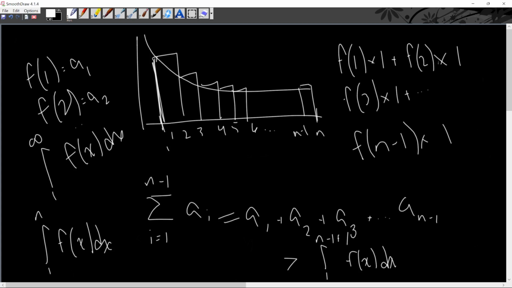Because if this n is approaching infinity, then since f of x is always positive, we are going to have values that approach infinity.